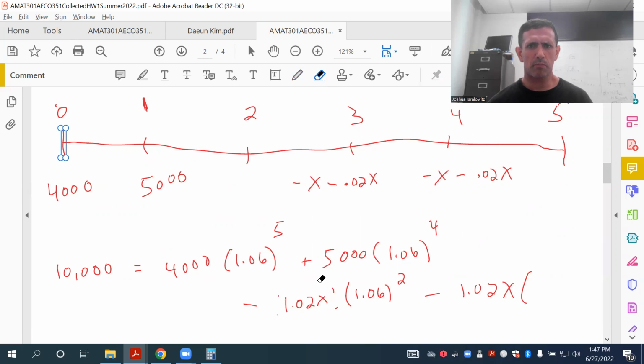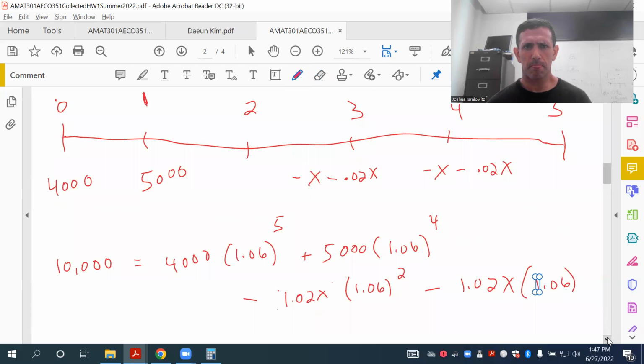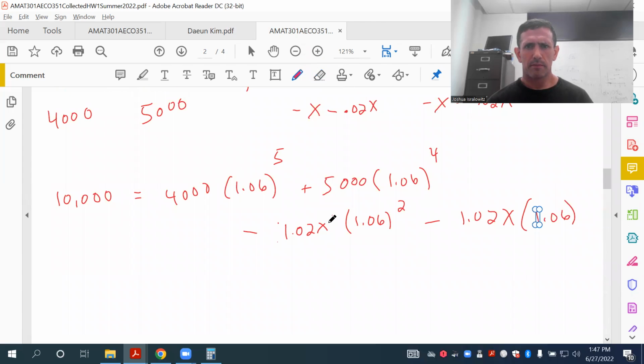And this minus 1.02 earns 1 year of interest. So yeah, I'll trust that you can solve for x. 747 and roughly 68 cents.